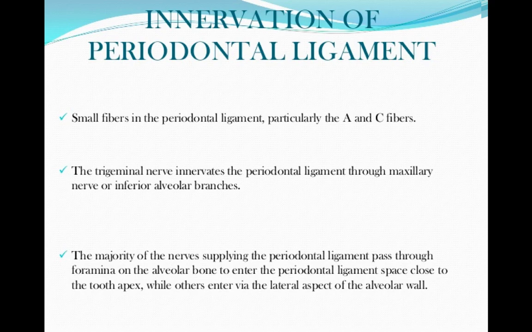The majority of the nerves supplying the periodontal ligament pass through foramina on the alveolar bone to enter the periodontal ligament space close to the tooth apex, while others enter via the lateral aspect of the alveolar wall.